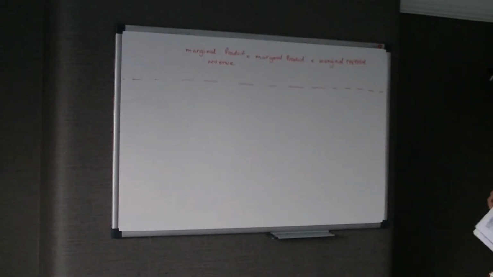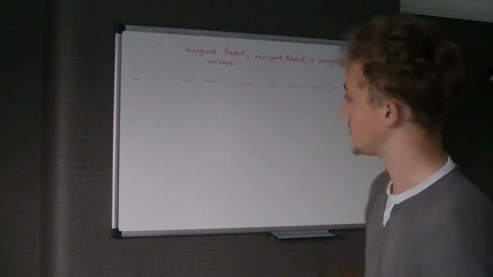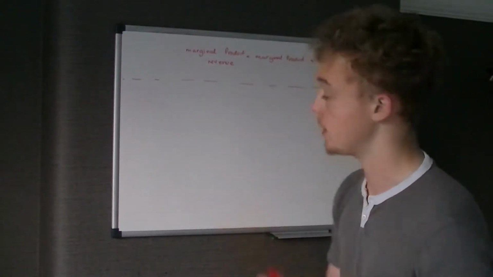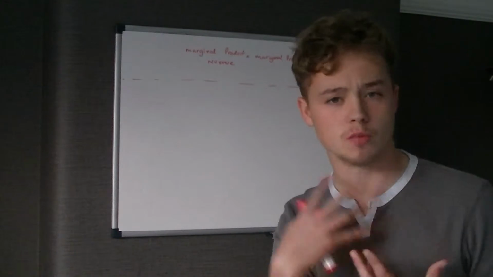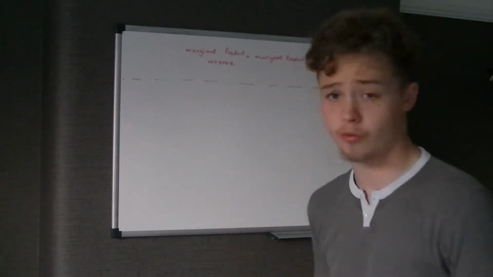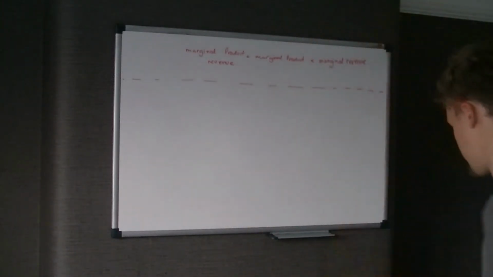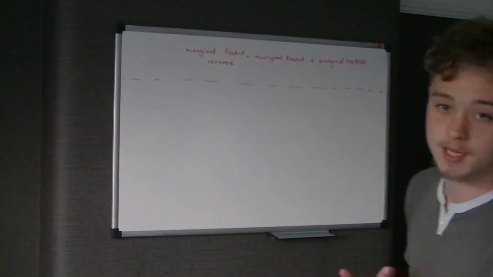I'll move out of the way so you can see the formula there. Marginal product revenue is just the addition to total revenue that you get from adding one more worker. So it's basically marginal product of labour but put in a numerical format. That's why I tried to include them both in one, because as you can see from my mistake, they're quite easy to intertwine.